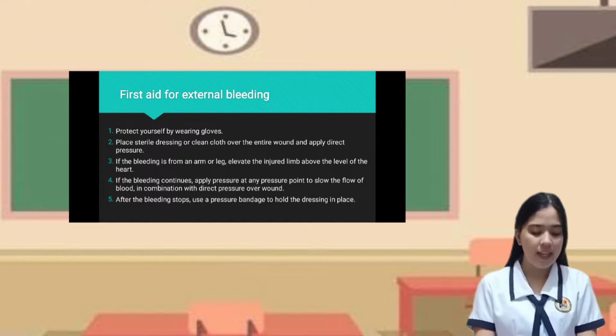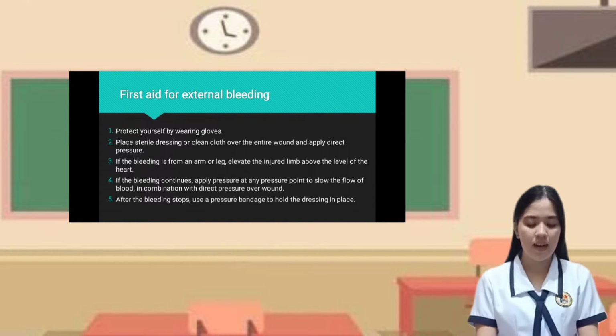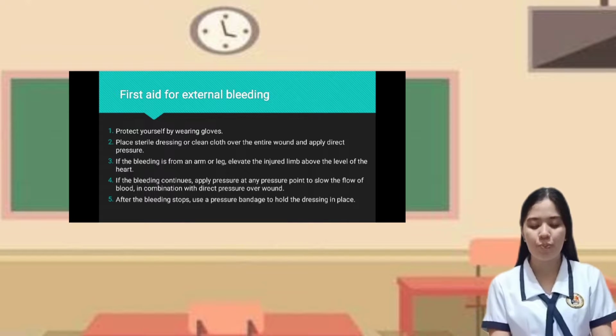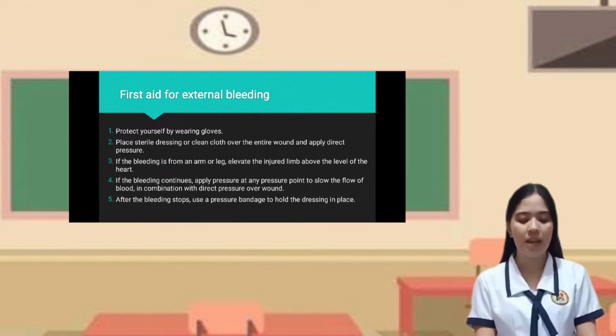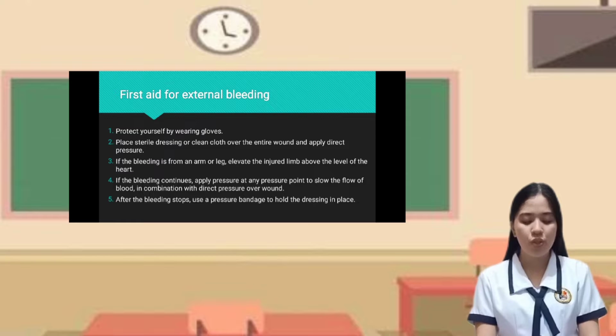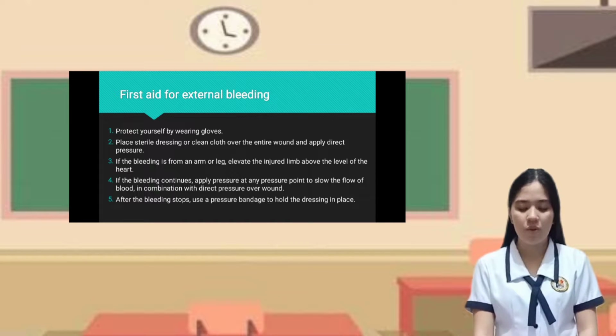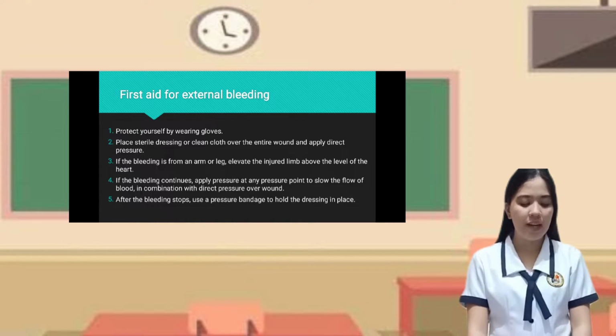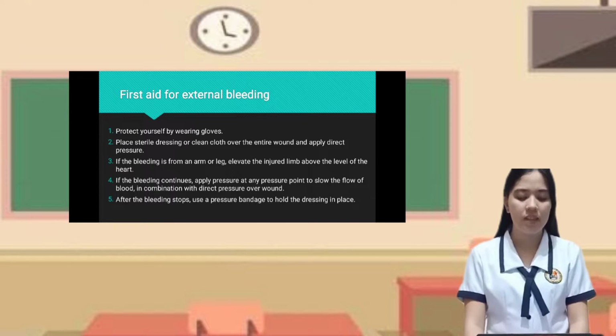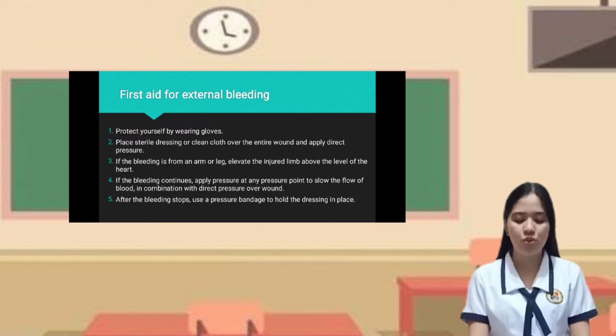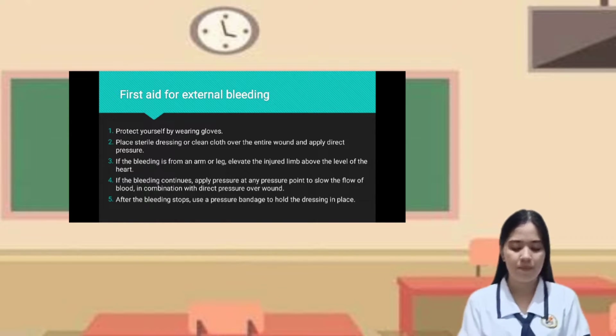Number 4, if the bleeding continues, apply pressure at any pressure point to slow the flow of blood in combination with direct pressure over the wound. Number 5, after the bleeding stops, use a pressure bandage to hold the dressing in place.